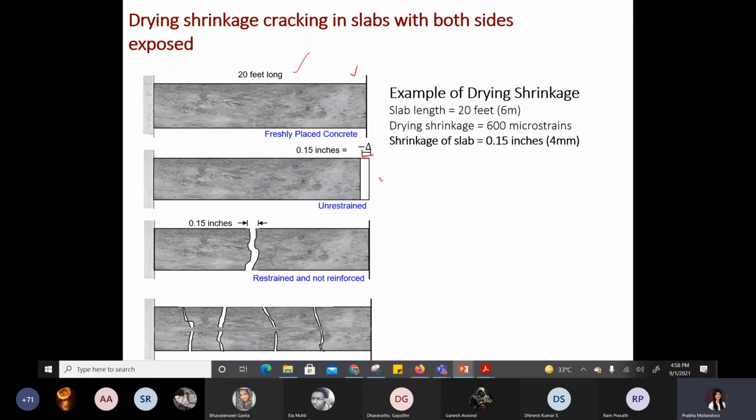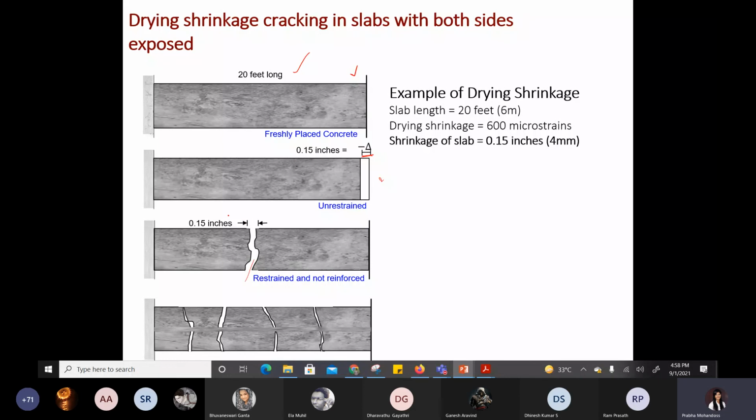But when you have restraint, especially for plain concrete, the deformation somehow has to happen, because it is undergoing that reaction. So instead of this change in length, it tries to release its stress by inducing cracking.